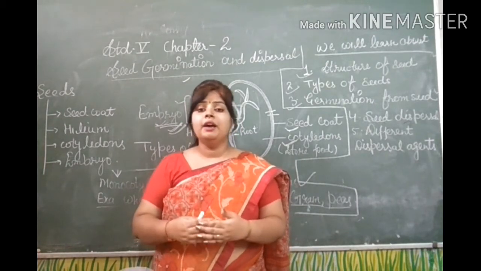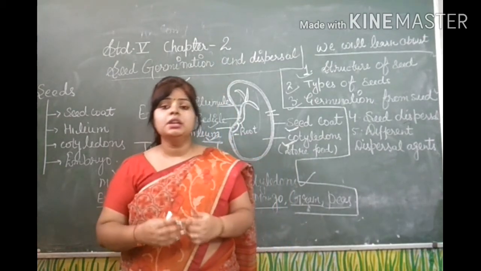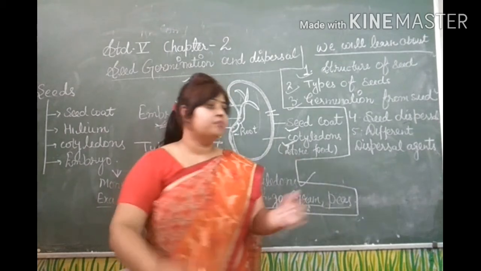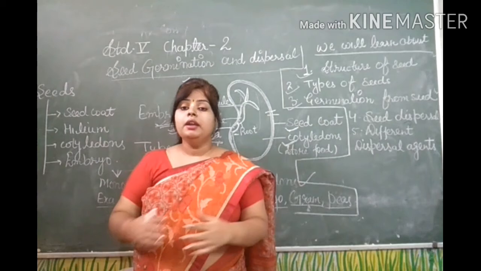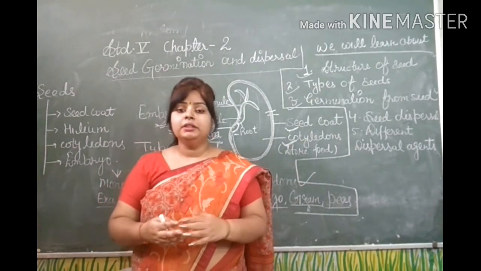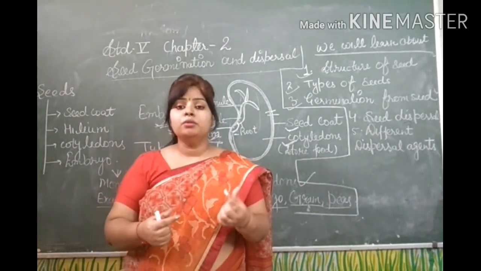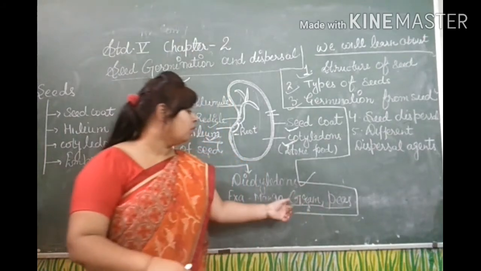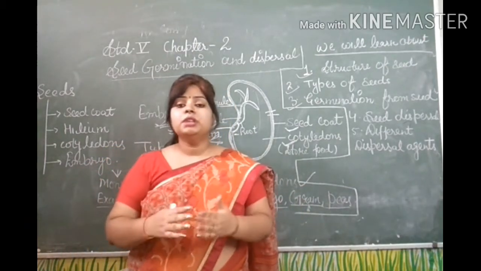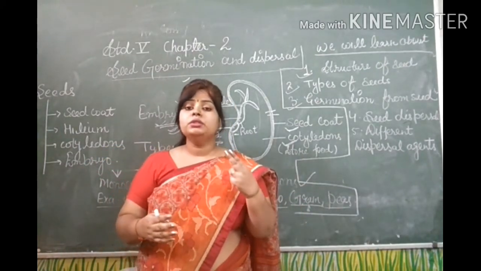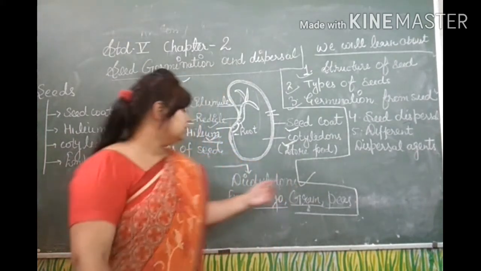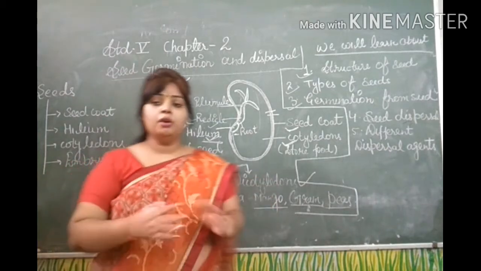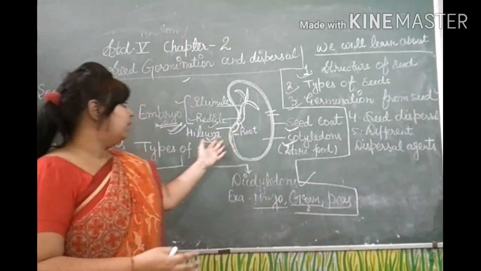When a seed has only a single leaf, it is monocotyledon. Next is dicotyledon. If you try to open the seed of mango or the seed of pea, you can observe that there are two seed leaves or two cotyledons inside the seed. That is dicotyledon.